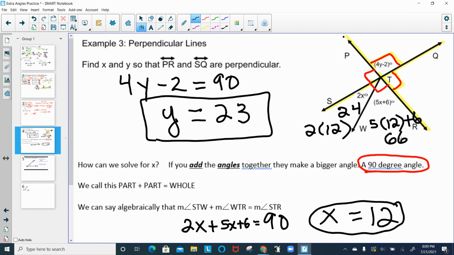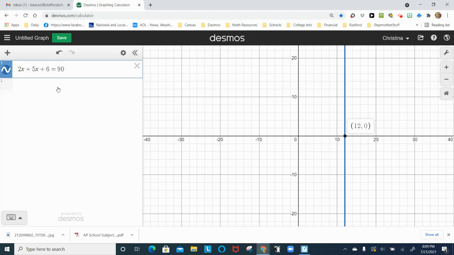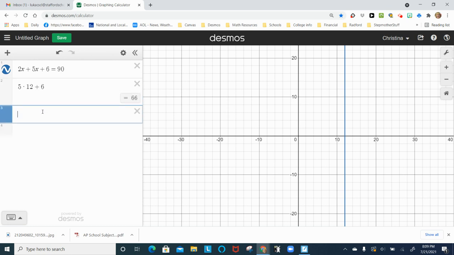And then 24 plus 66 ought to add up to 90, and it does. So let me show you in the calculator. 5 times 12 plus 6, there's my 66. And my 24 plus 66 is 90.